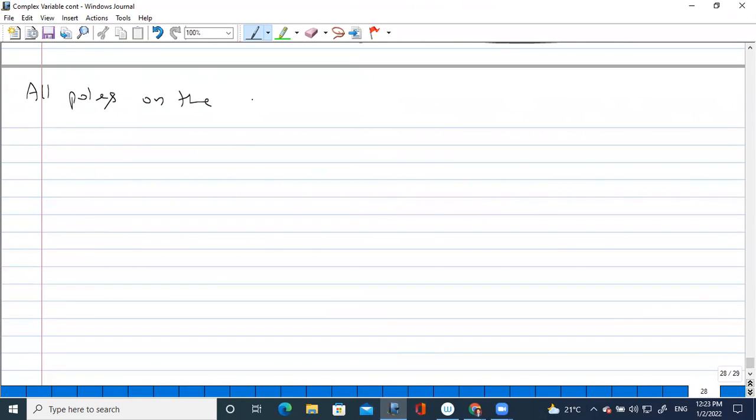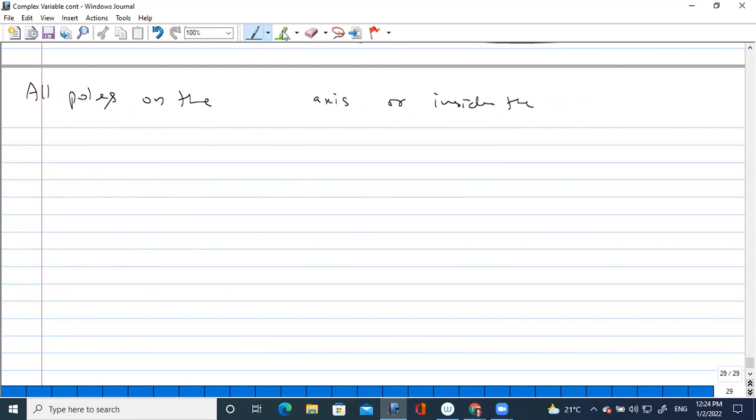So all the poles on the real axis or imaginary axis also can be there, no problem. So all the poles on the axis or inside the contour. Contour means just the upper half circle.